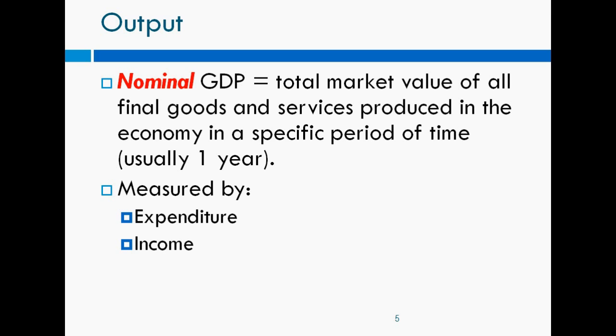If you spent $5 buying a pencil from me, then I have income of $5. So we can measure this nominal GDP either by the total expenditure on the goods and services or the income generated by producing and selling those goods and services.